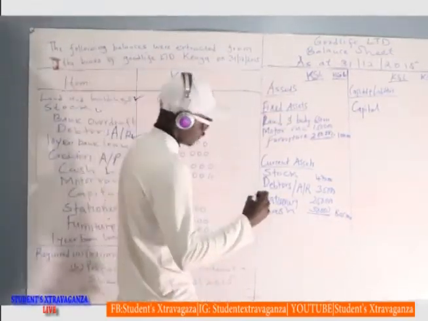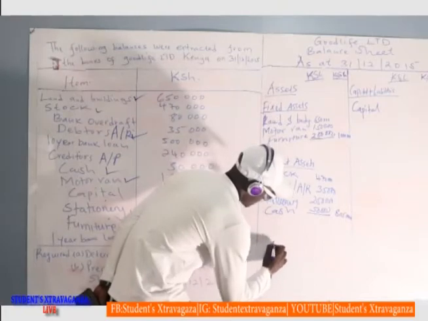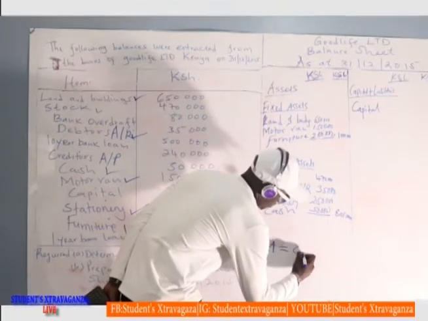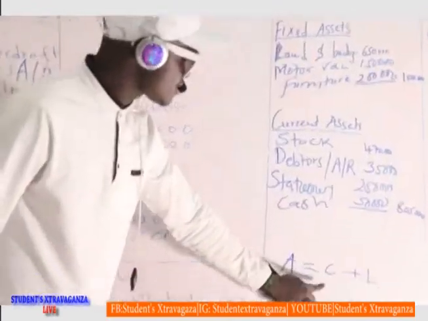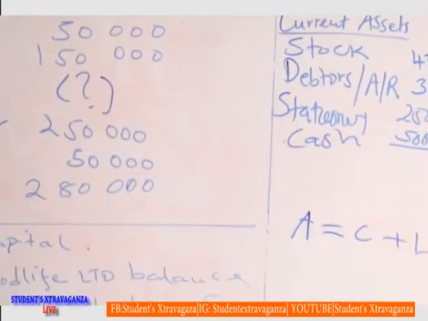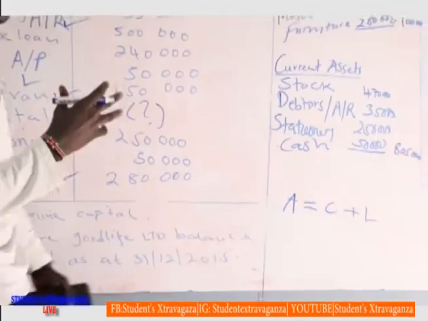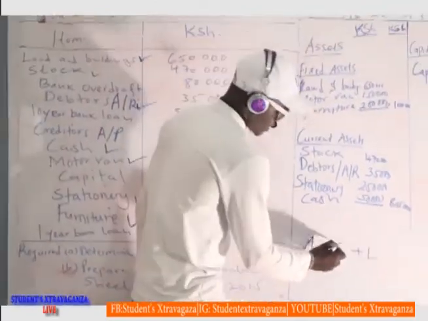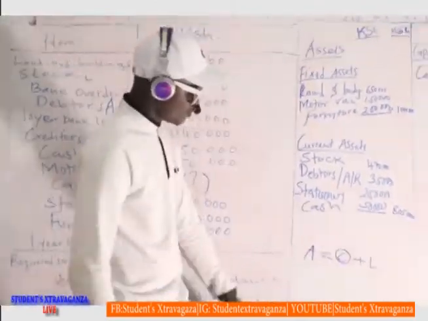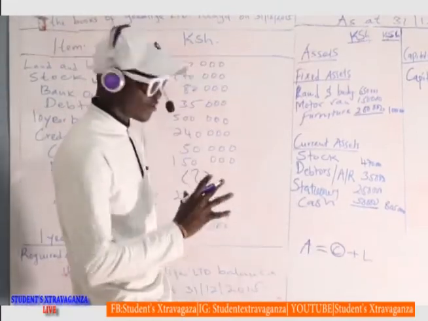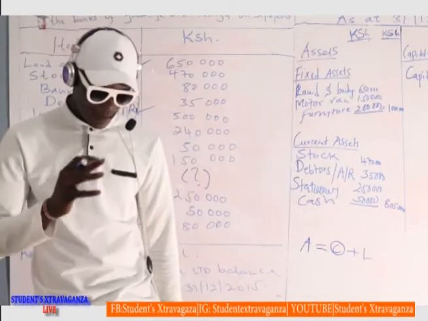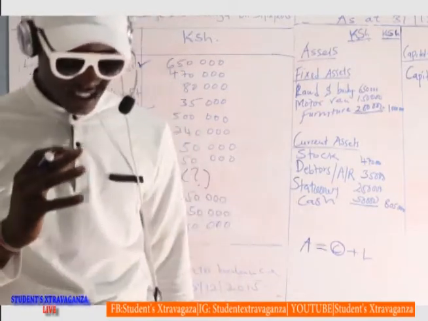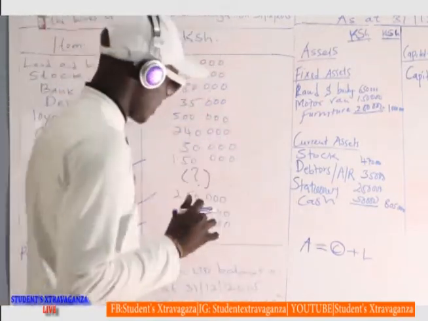From the bookkeeping equation, assets equals capital plus liabilities. So for us to calculate capital, we will make capital the subject of our formula.